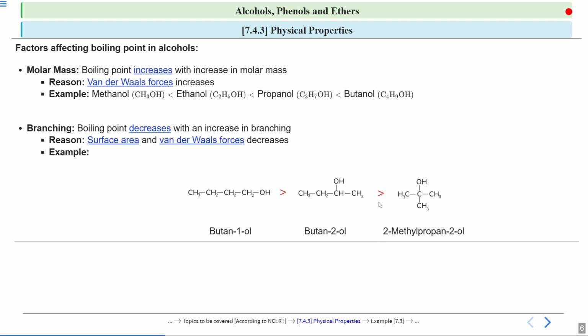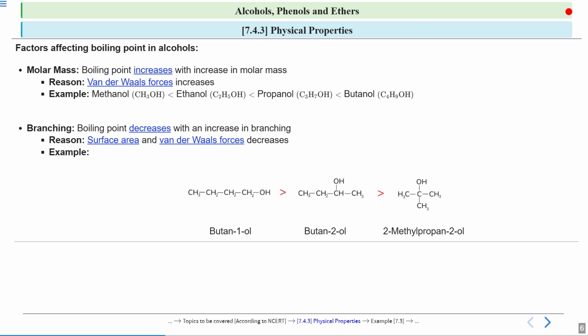Why? Because it has branching. If this has branching, the surface area is less, so your van der Waals force is also less. Van der Waals decreases, so you have to provide less energy. So butane 1-ol will have the highest boiling point because it is a straight carbon chain.